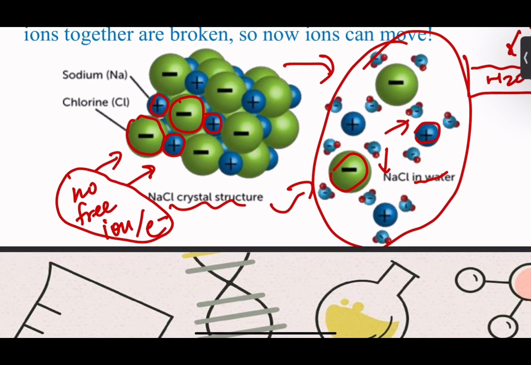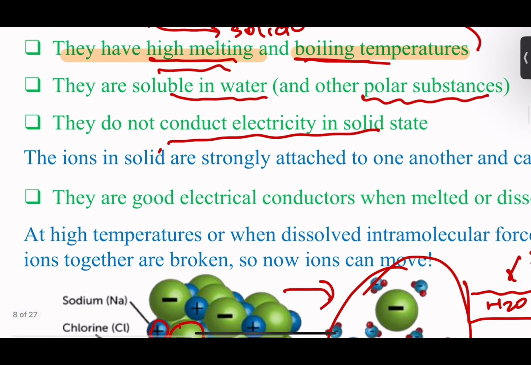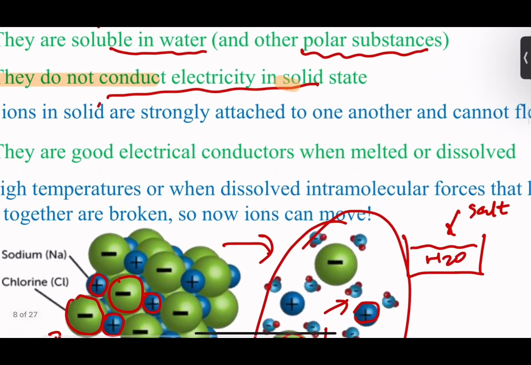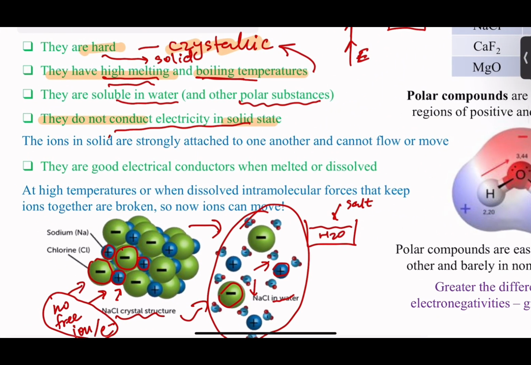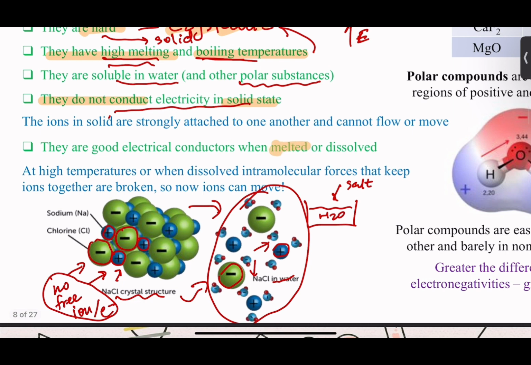Because you don't have any free ions in the crystalline shape, they do not conduct electricity in a solid state. But when you melt them down, they become liquid, right? They conduct electricity. Or when you dissolve it, as happened in here, they conduct electricity, but not in solid state.